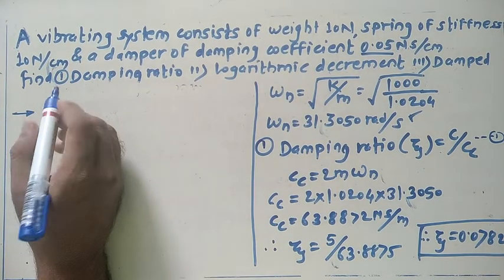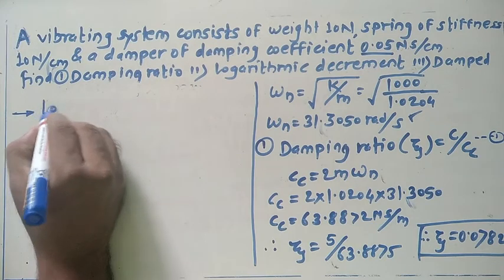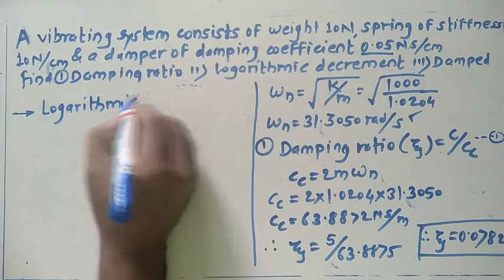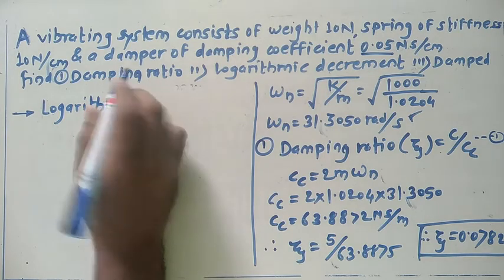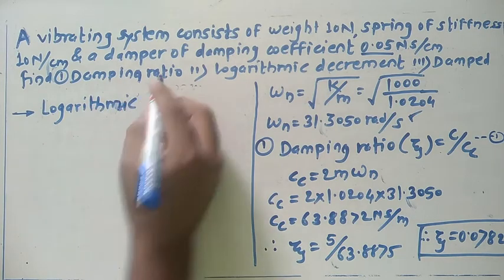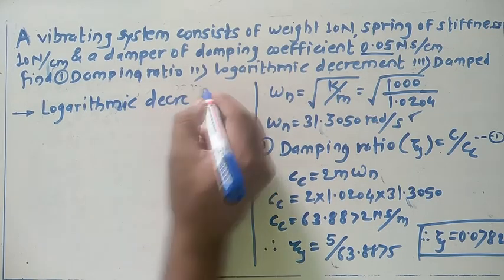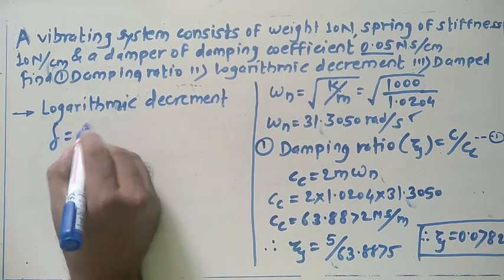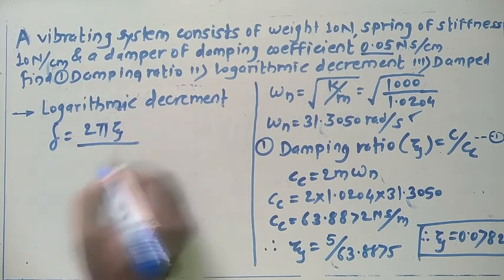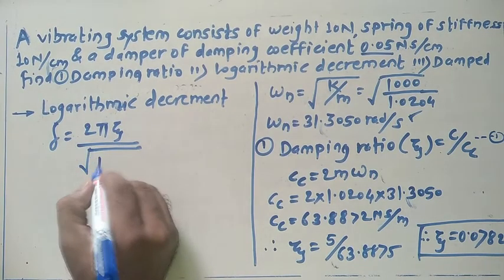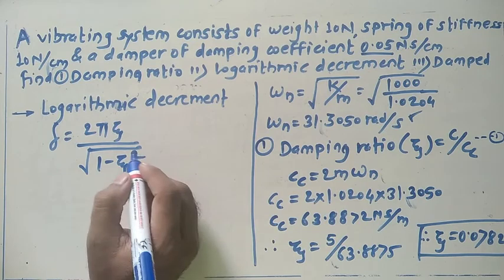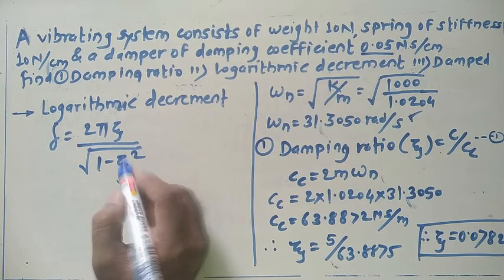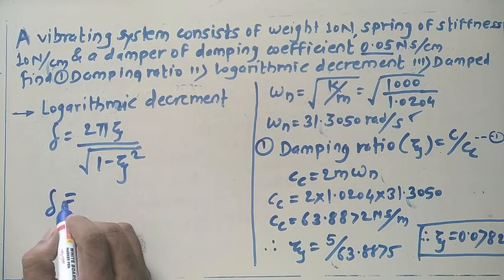Logarithmic decrement delta is nothing but 2 pi into zeta divided by square root of 1 minus zeta square. The value for zeta is already with us, substitute here, so we can easily get the value for delta.